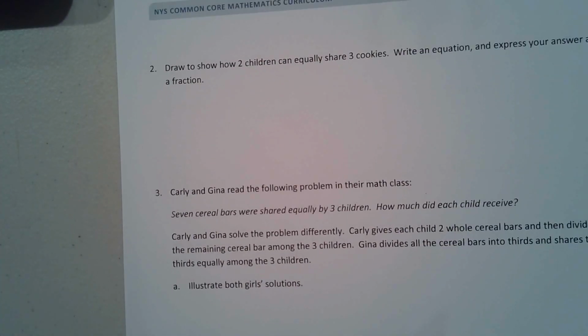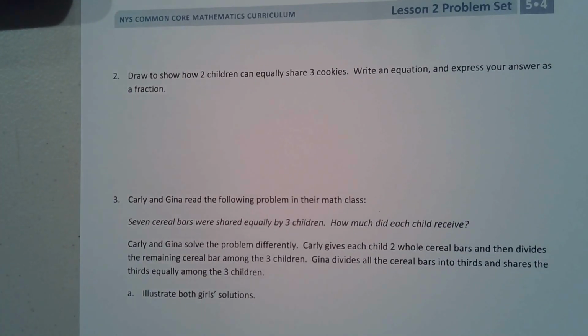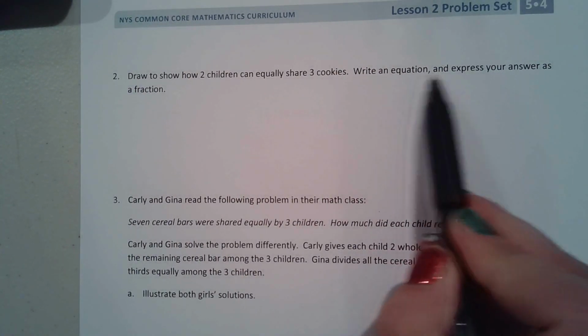So you're going to follow the same thing with 3 divided by 4, 6 divided by 4. Then draw to show how 2 children can equally share 3 cookies. Write an equation and express your answer as a fraction.